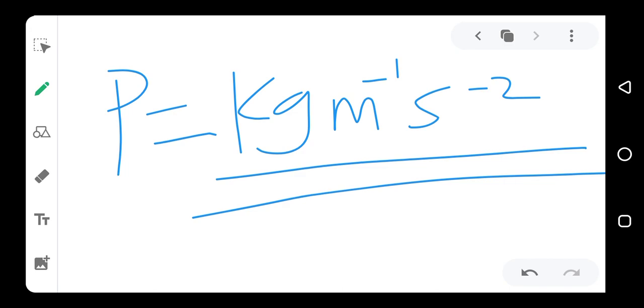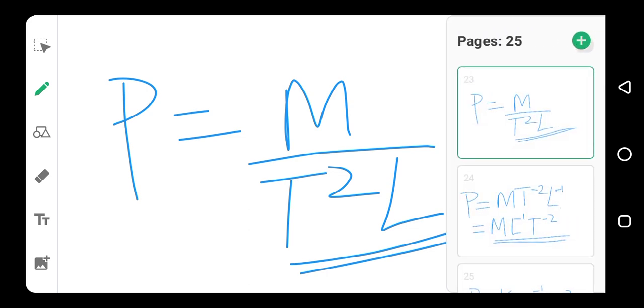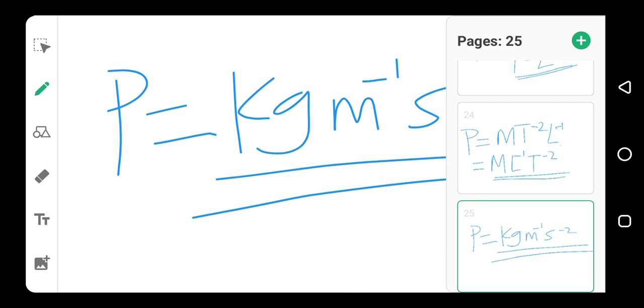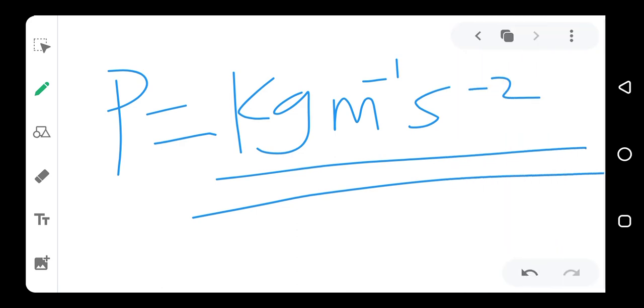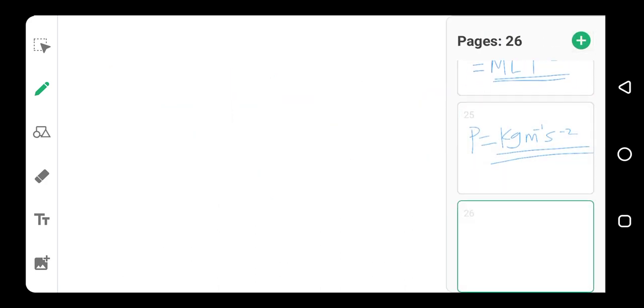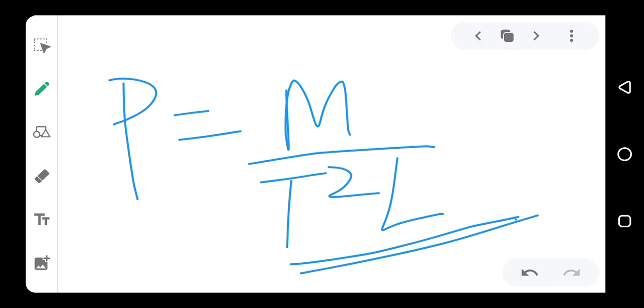If you don't want it this way, we can come to this side and put the units, so that we have the unit of the pressure from this side is mass.